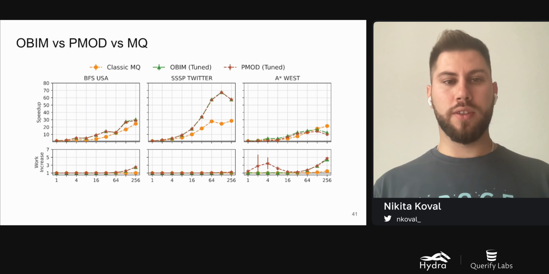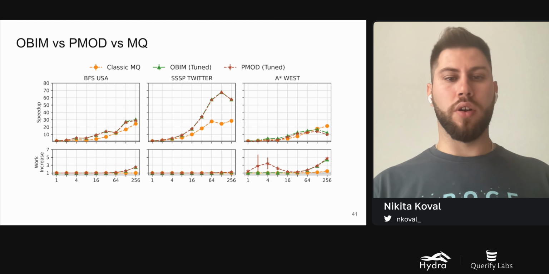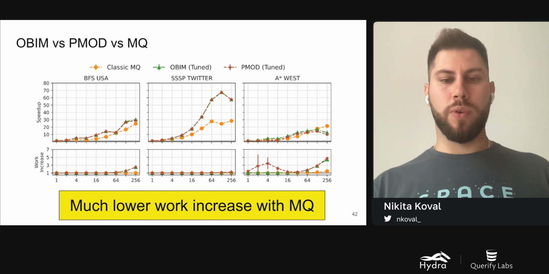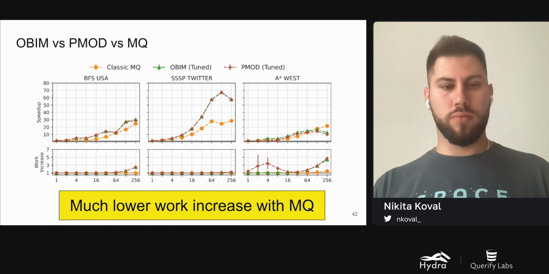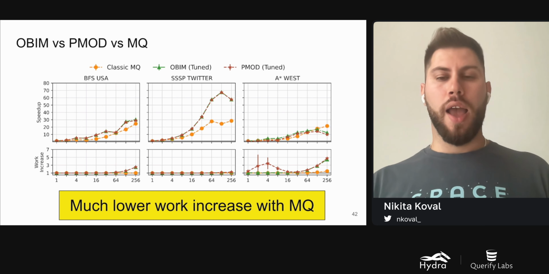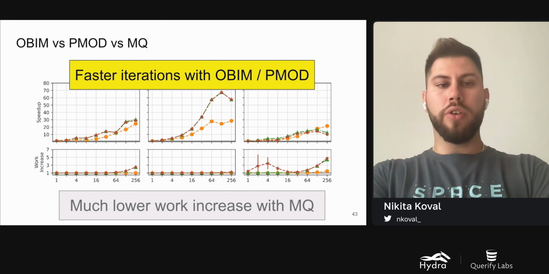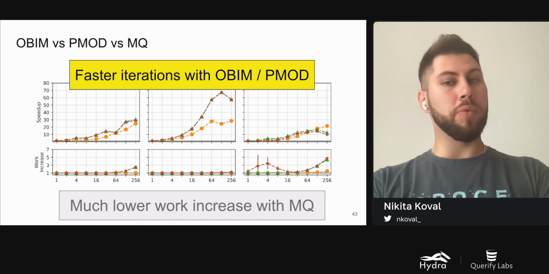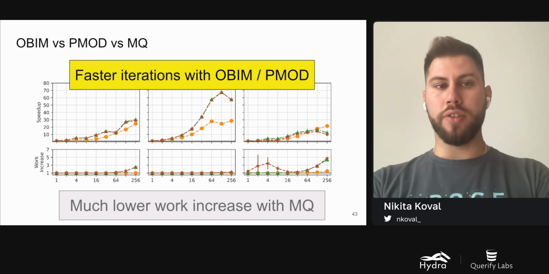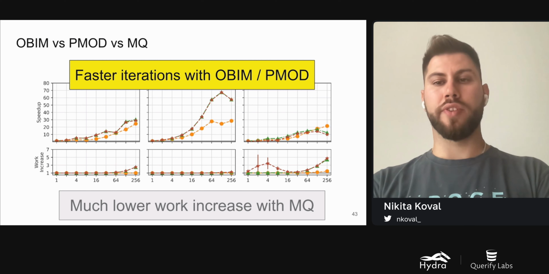Here we see that with ABIM and PMOD, we perform much more work. And with the multi-queue, no work increase at all, right? And we also see that ABIM and PMOD are much faster because they don't need to do a lot of synchronization.